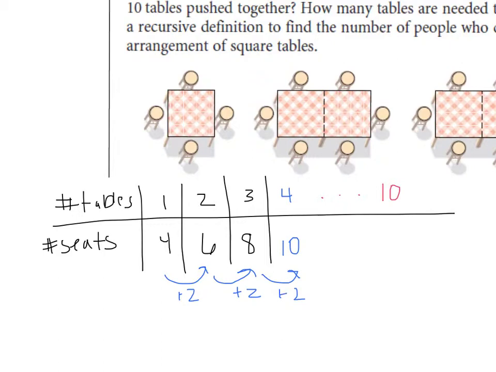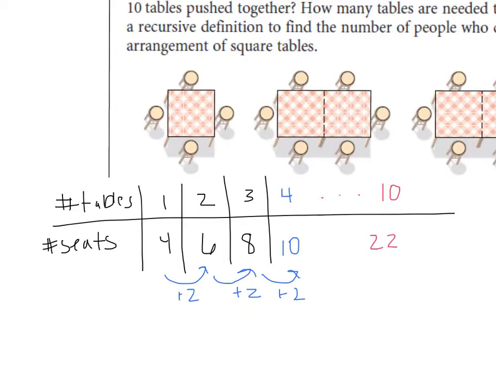Okay? So if we think about it from going from the 4th table to the 10th table, we have to go 6 more tables, adding 2 each time. That means we actually have to add 12 to 10. So we have a total of 22 seats at the 10th table.